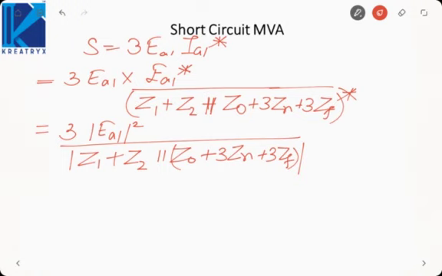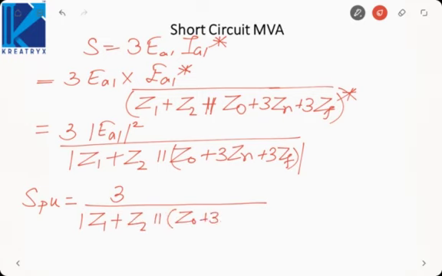Okay, in PU, EA will be taken as 1 PU, because in the no load condition EA will be equal to VT. So we get 1 over Z1 plus Z2 parallel Z0 plus 3Zn plus 3ZF in PU.